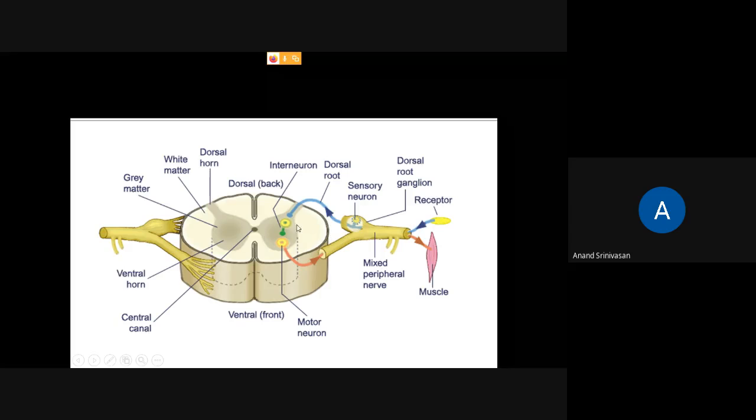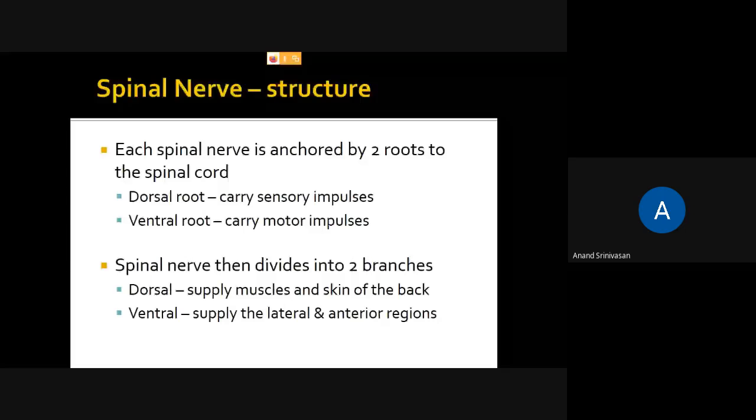Once in the spinal cord, it is processed, and then it goes through the ventral root back into the spinal nerve. That's why the dorsal root carries the sensory impulses and the ventral root carries motor impulses.